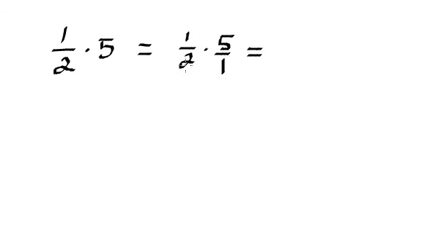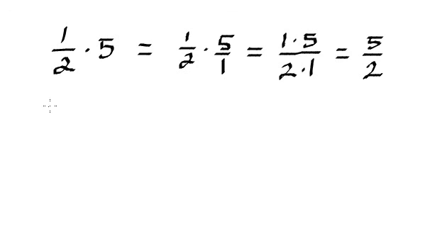Well, this is a lot easier. Multiplication of rational numbers is a whole lot easier than adding them. You just simply multiply the numerators together, and you multiply the denominators together. And of course I'm writing all these steps out step by step here. So 1 times 5 is 5, and 2 times 1 is 2.